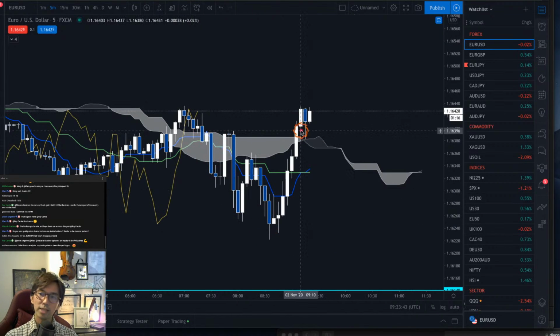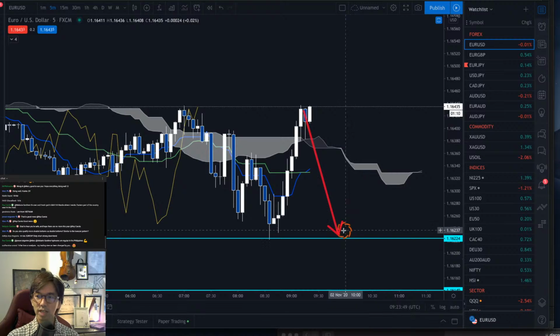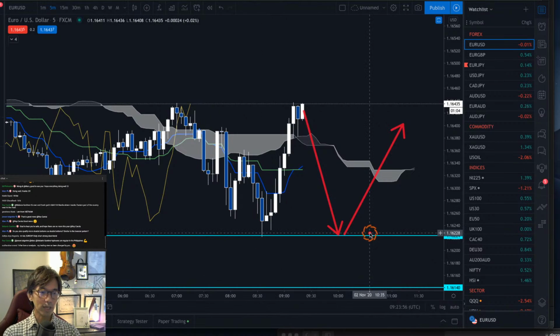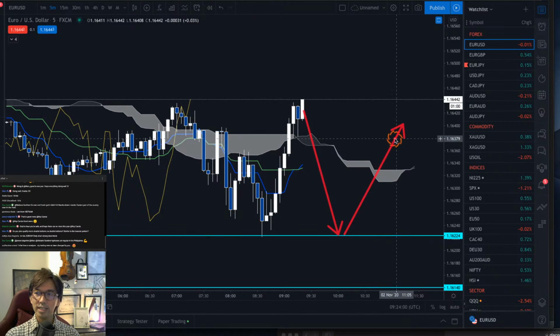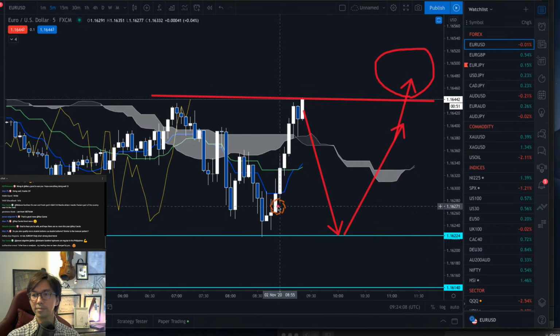But the price may come back to this previous low at this 1.16 area and go up afterwards, maybe this way. And if it happens, then we can call it a double bottom, and we have to wait for the price to break the recent high upwards, and afterwards we can look for buy after this double bottom on this 5-minute chart.